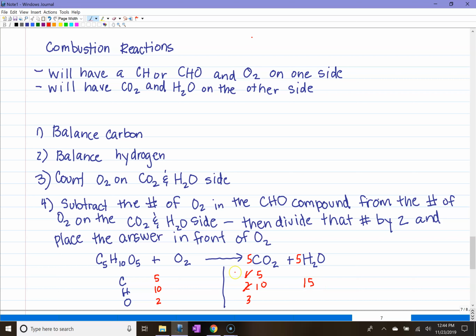What I need to do now is look at my CHO compound and subtract the number of oxygens here. There's 5, so that's going to give me 10 more that I have to account for on my reactant side. I'm going to divide 10 by 2. It's going to give me 5, and I am going to put a 5 in front of my O2.